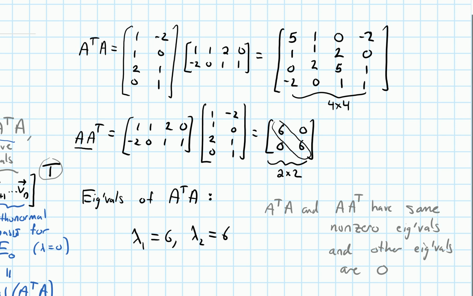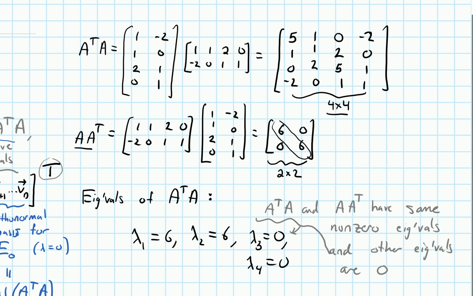So how many other eigenvalues is A transpose A going to have? Well, it's a 4x4 matrix. So counting repeats, it's going to have 4 eigenvalues. So that means the other two, lambda 3 and lambda 4, are both 0. Okay, so this comment right here is how we determined that lambda 3 and lambda 4 were both 0.